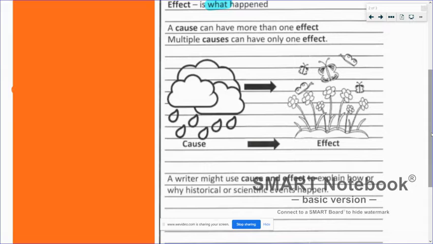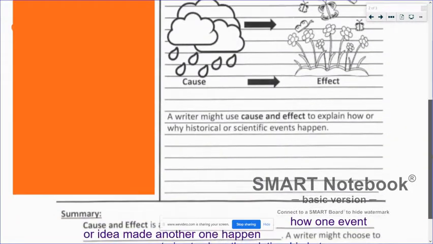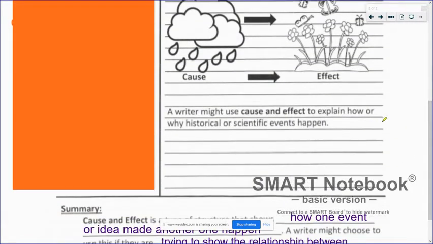And then if we continue down, a writer might use cause and effect to explain how or why historical or scientific events happen. So it is often used to explain historical, and really I've seen it a lot with scientific events, where they are trying to show how one thing impacts something else.